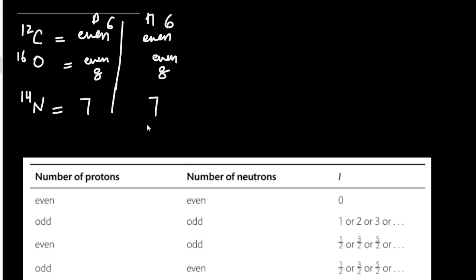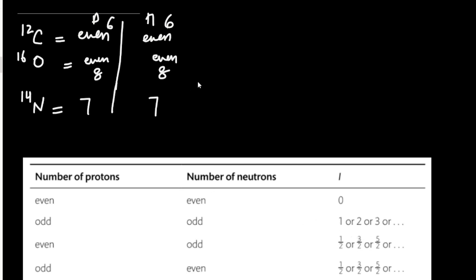So its spin should be 1 or 2 or 3, and we have already calculated it. Its spin is 1. If the number of protons is even and the number of neutrons is odd, or vice versa, like the number of protons is odd and the number of neutrons is even, then the nuclear spin will be 1/2, 3/2, or 5/2.